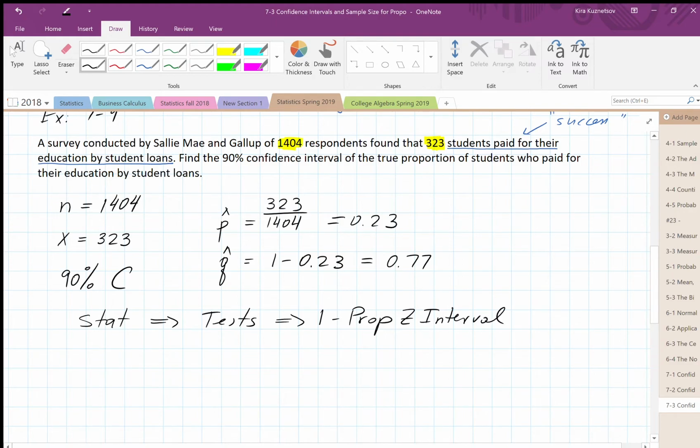After you find it in your calculator, it's prompting for x, where you're going to type in 323, and it's prompting for n, which is the number of people that you have, and it's asking for the confidence level. So you're going to type in 0.9. After you push calculate, it will actually give you an interval. Copy it over.